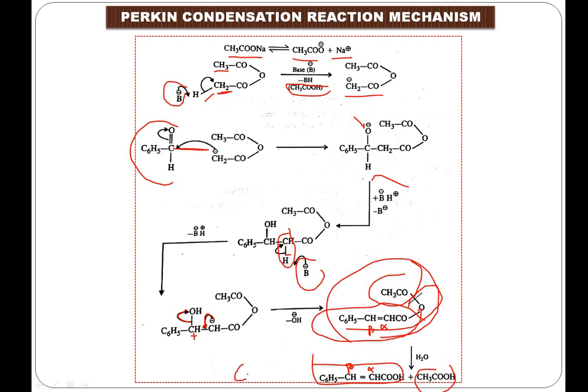This is called as the cinnamic acid. यहाँ पे benzene के साथ में CH=CH and COOH, it's called as cinnamic acid. So benzaldehyde reacts with acetic anhydride in presence of sodium acetate or potassium acetate. The product is cinnamic acid. So this is the typical Perkin condensation reaction mechanism.